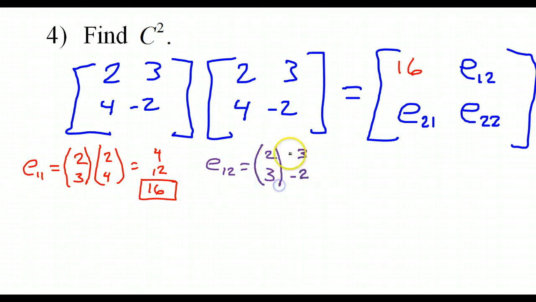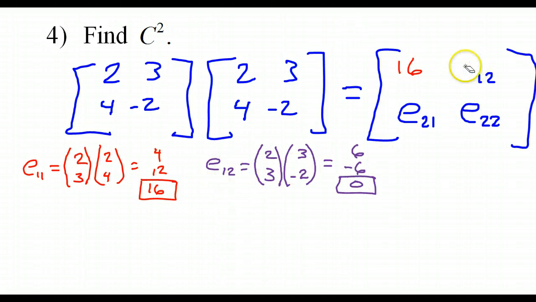So I'm doing row 1 times column 2. If I multiply that out, I'm going to get 6, and I'm going to get negative 6. Add them up, I get 0. So that means element 1,2 is 0.